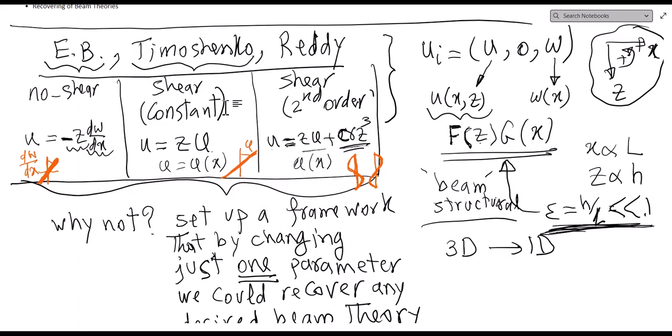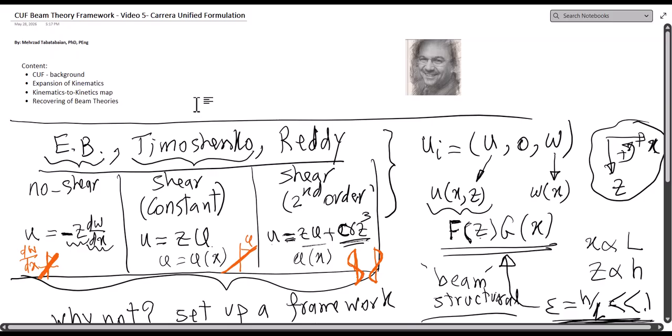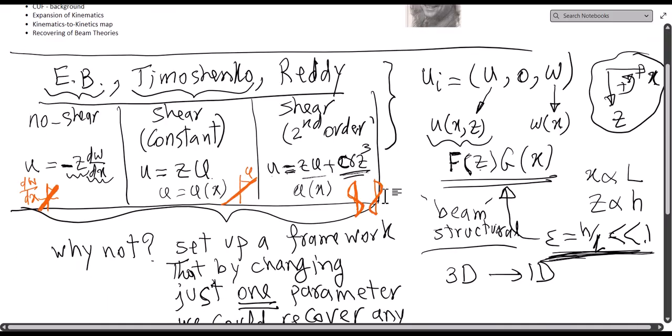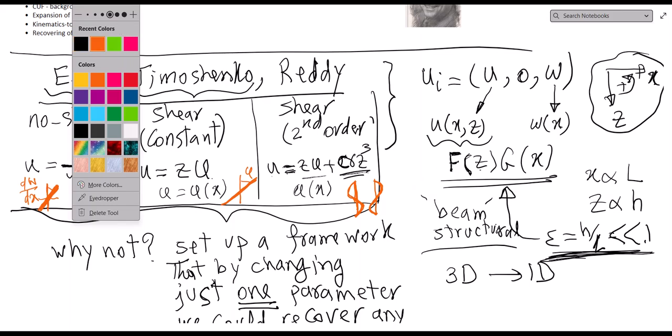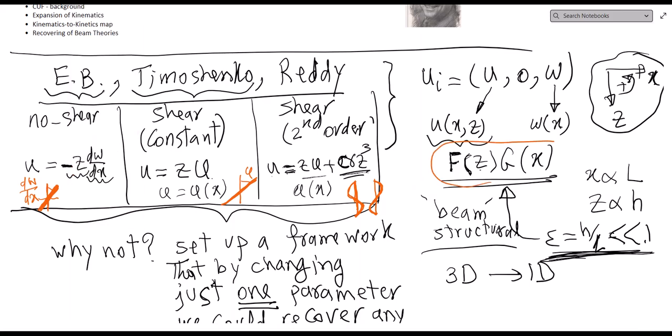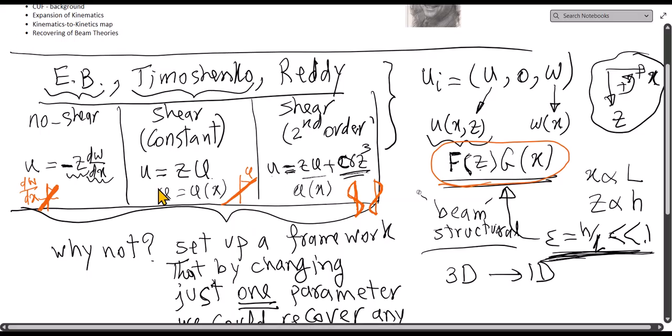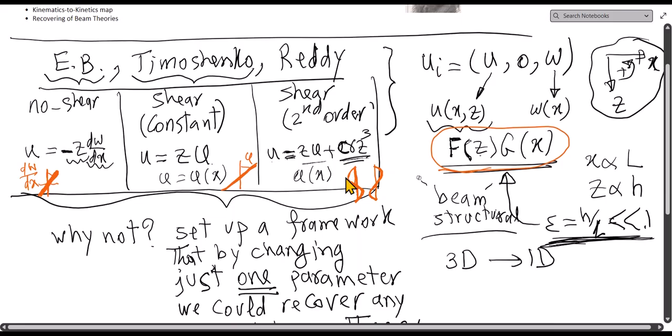So this should give you the background for CUF, why we have this. It's not a beam theory, but this separation of the functions or variables, if you like, is very important, and so is the understanding of what is actually happening in each of these beam theories.